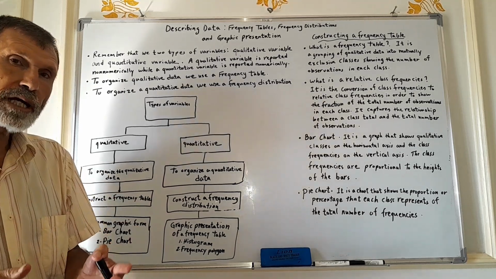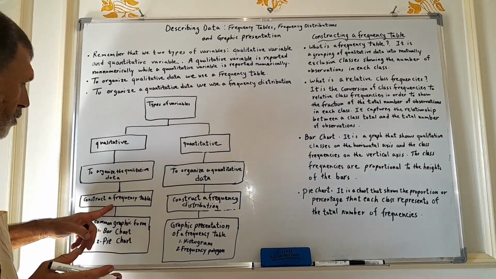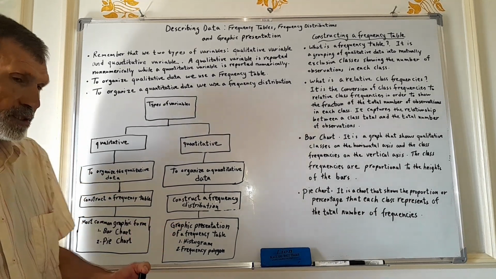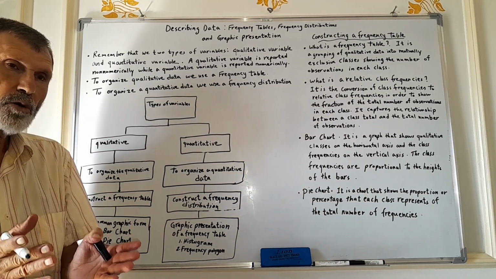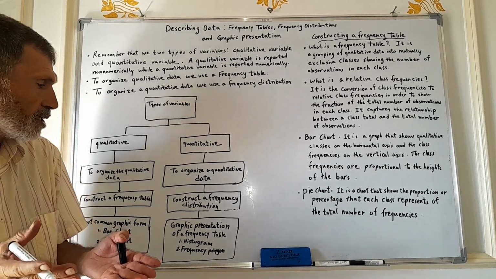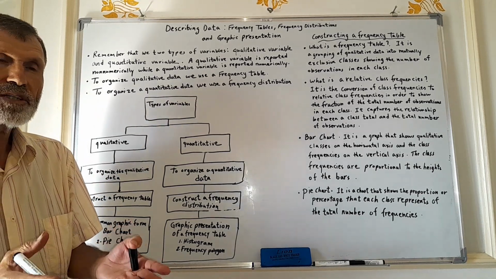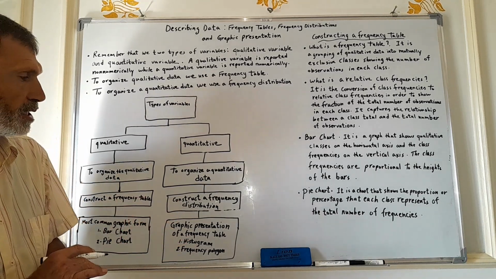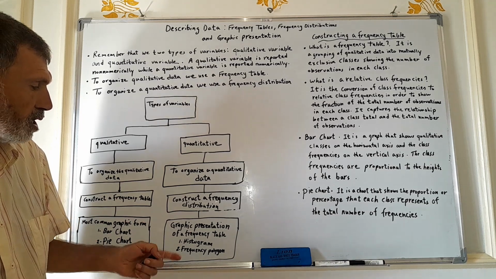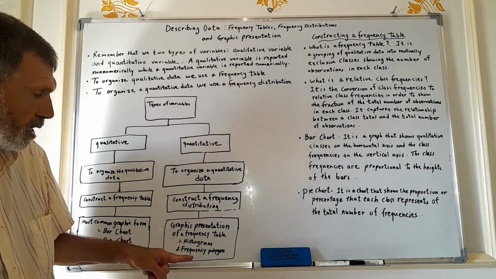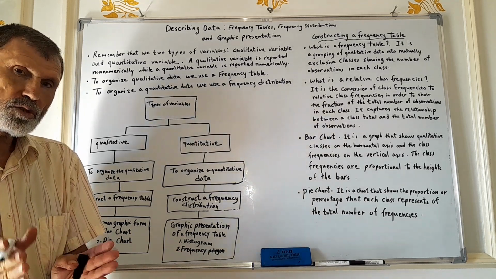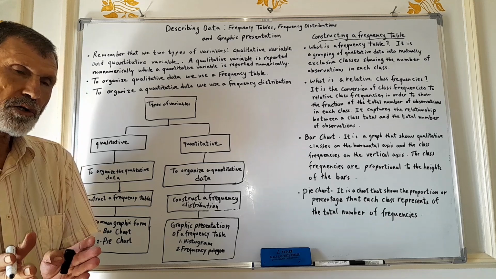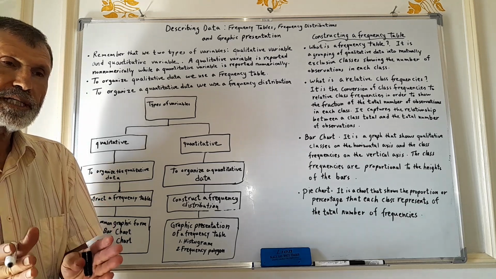However, to organize qualitative data, we construct a frequency table. Now, based on the frequency distribution, we can have a graphical presentation of the frequency distribution, namely the histogram and the frequency polygon. So we use the histogram and the frequency polygon when we have quantitative data.